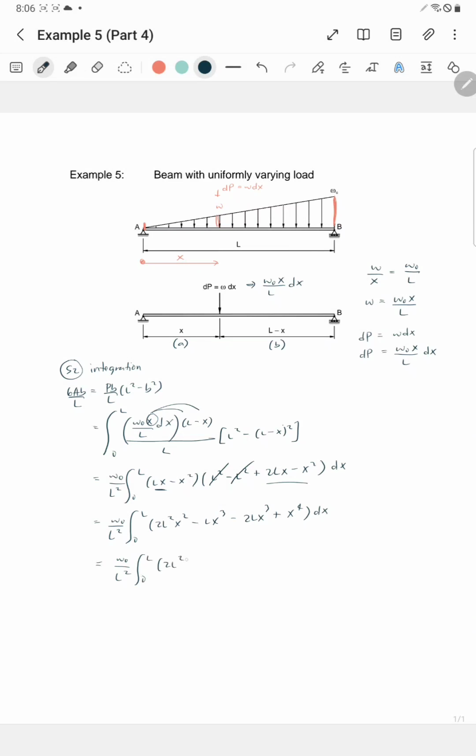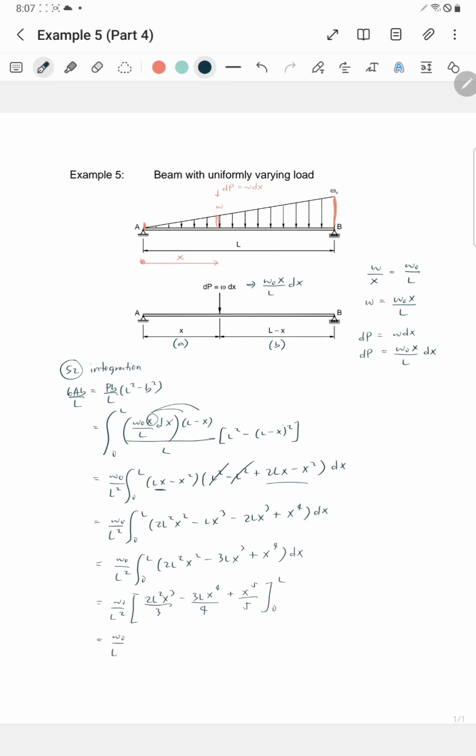So 2L square x square minus 3 Lx cubed plus x raised to 4 and then dx. Then integrate. So 2L square x cubed over 3 minus 3Lx4 over 4 plus x5 over 5 limits from 0 to L.